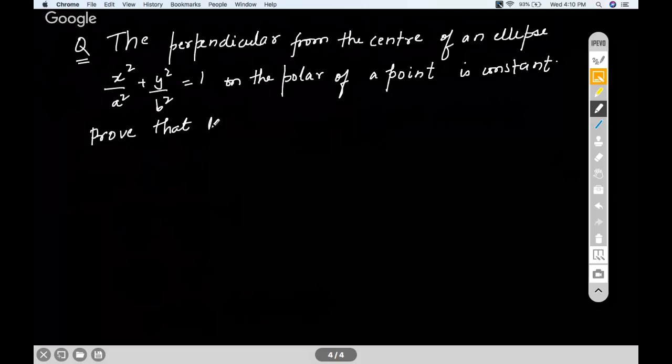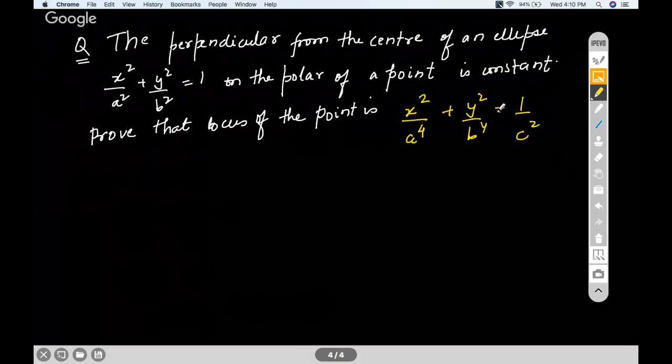Prove that the locus of the point is x square by a to the power 4 plus y square by b to the power 4 equal to 1 by c square, where c is the given constant. So this constant over here is your c.